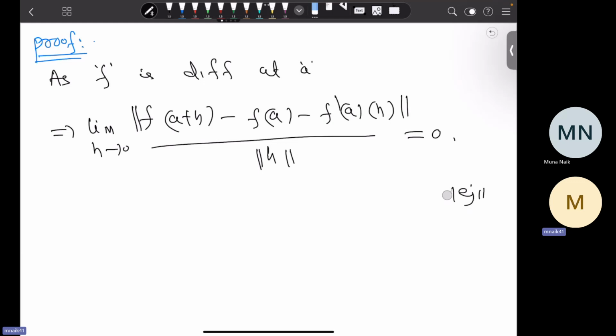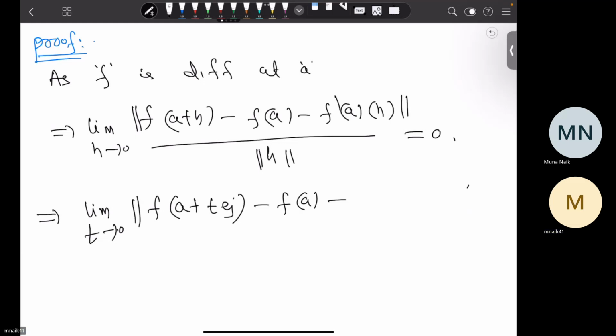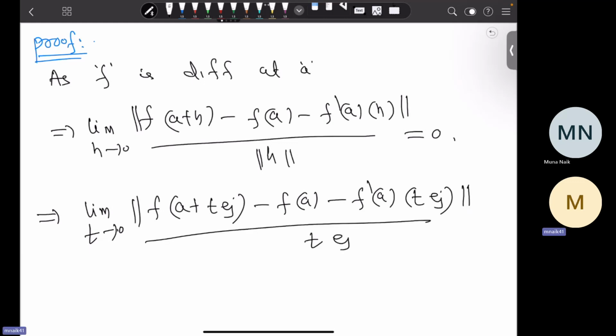So in place of h, I will put t ej and take the limit as t tends to 0. So from this, the limit as t tends to 0 of the norm of f of a plus t ej minus f of a minus f prime of a applied on t ej, divided by the norm of t ej, is 0.